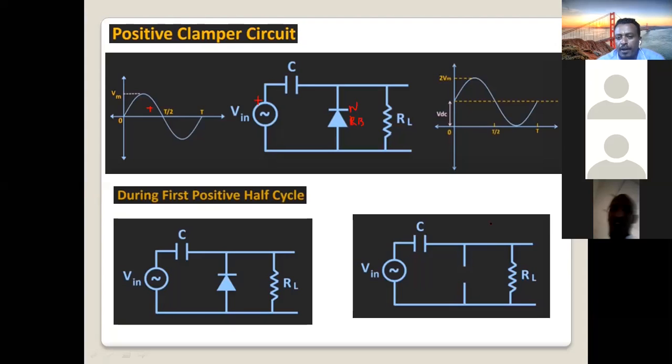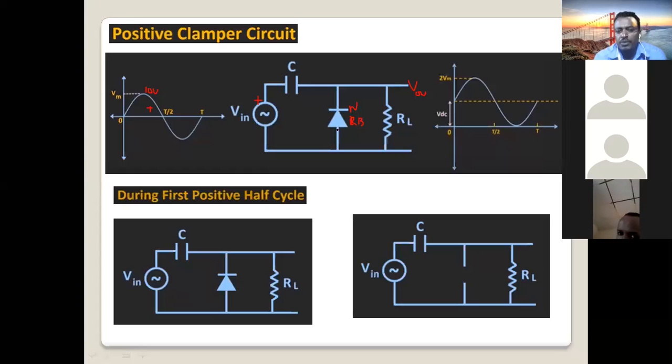Now let's say we apply here a 10 volt peak sinusoidal signal as input. In this positive half cycle, this diode is off, right? When it is off, what will be the output voltage here? At this point, we have V out. V out will be the input voltage plus the voltage stored in the capacitor.